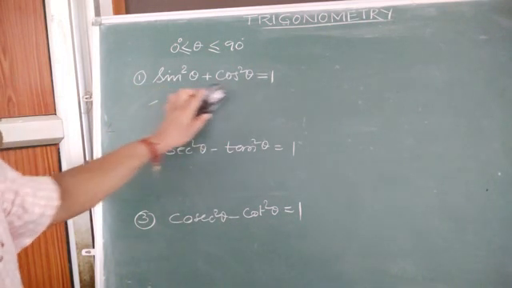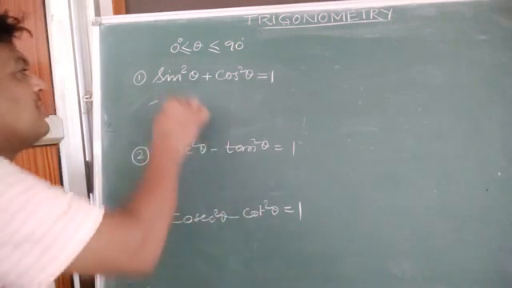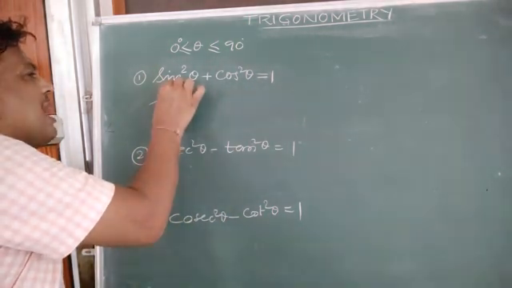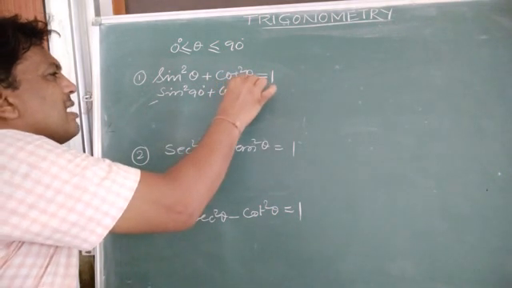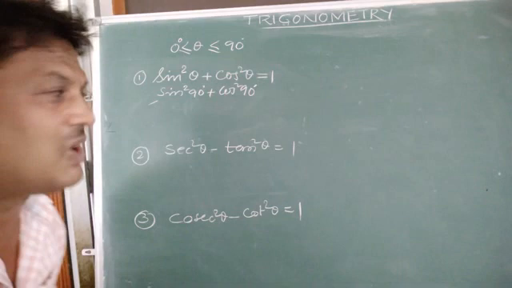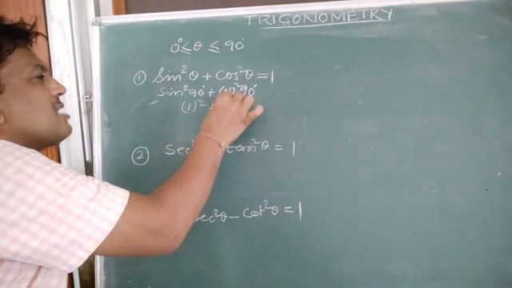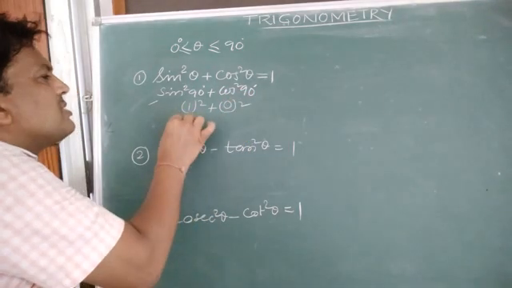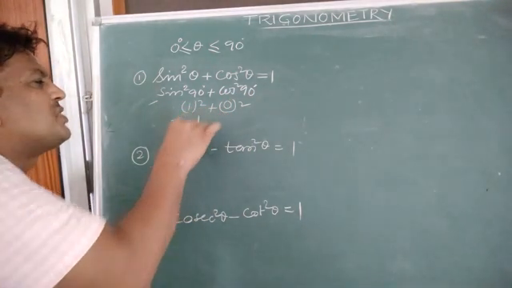Similarly, children, suppose you take in place of theta 90 degree, so sin square 90 degree plus cos square 90 degree. Let's check whether we are getting 1 or not. Sin 90 is 1 and cos 90 is 0. Again, 1 square is 1 plus 0 square is 0. 1 plus 0 is 1.